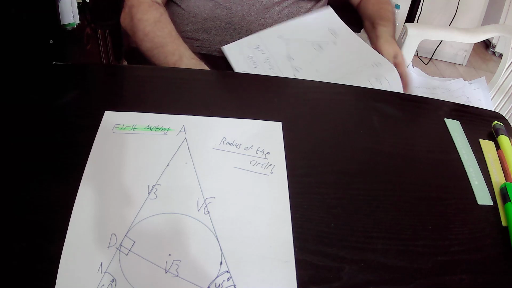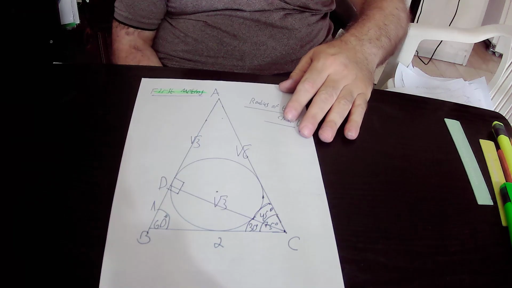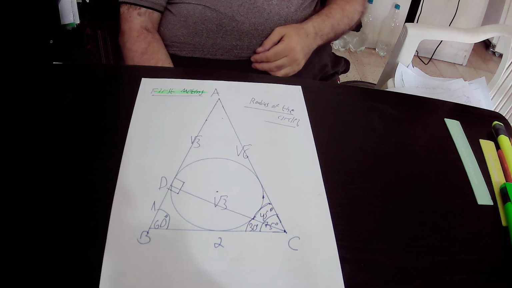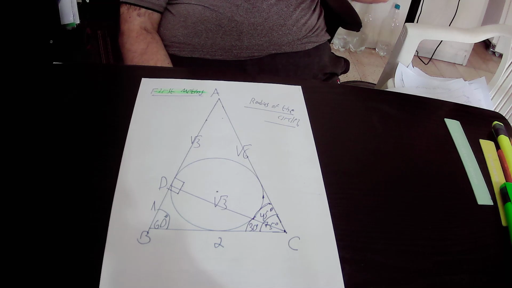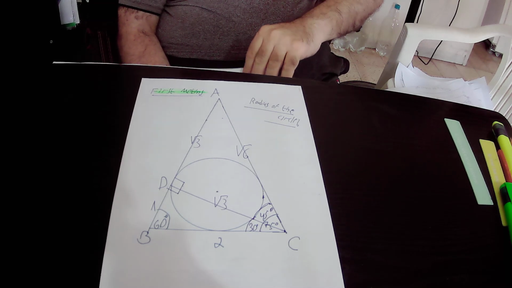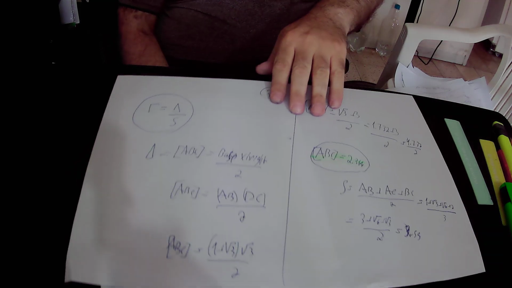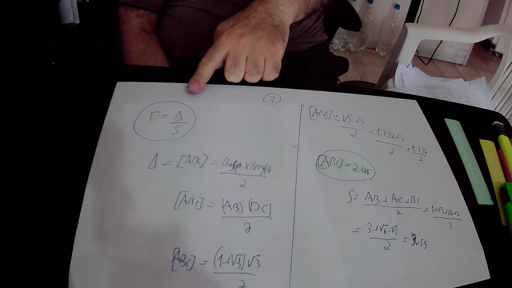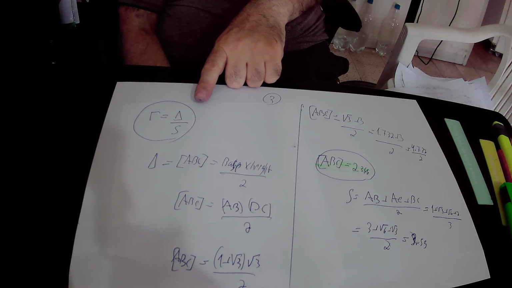And we actually found all the sides of triangle ABC. Therefore, we can find the radius of the circle described by triangle ABC with a special formula: the radius equals the area of triangle ABC over the semi-perimeter of the triangle that blocks the circle.